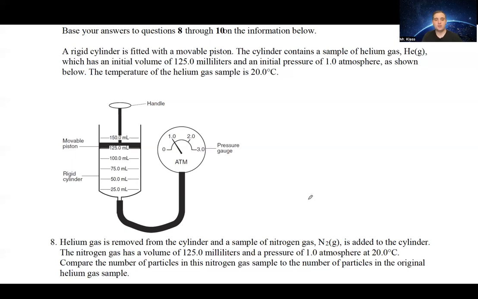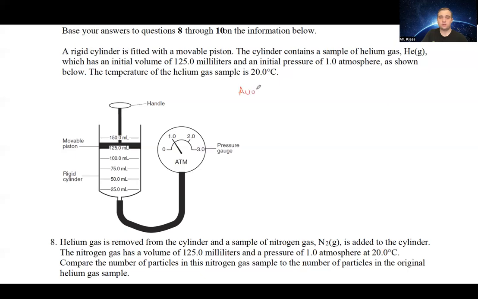Compare the number of particles in this nitrogen gas sample to the number of particles in the original helium gas sample. Okay, so number one, there's no calculations needed for this. If we look, the helium gas sample also has a volume of 125 milliliters, also has a pressure of 1 atmosphere, also has a temperature of 20 degrees Celsius. The factors are exactly the same between these two gases. Now, you may or may not remember Avogadro's law.